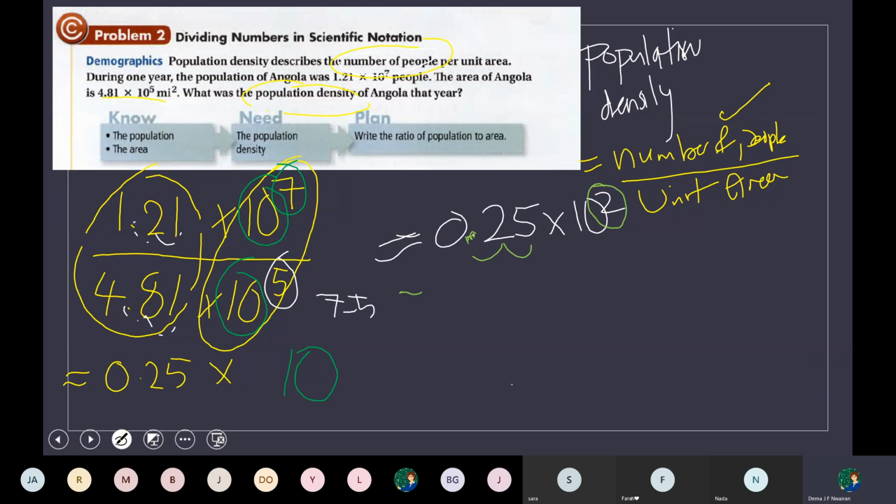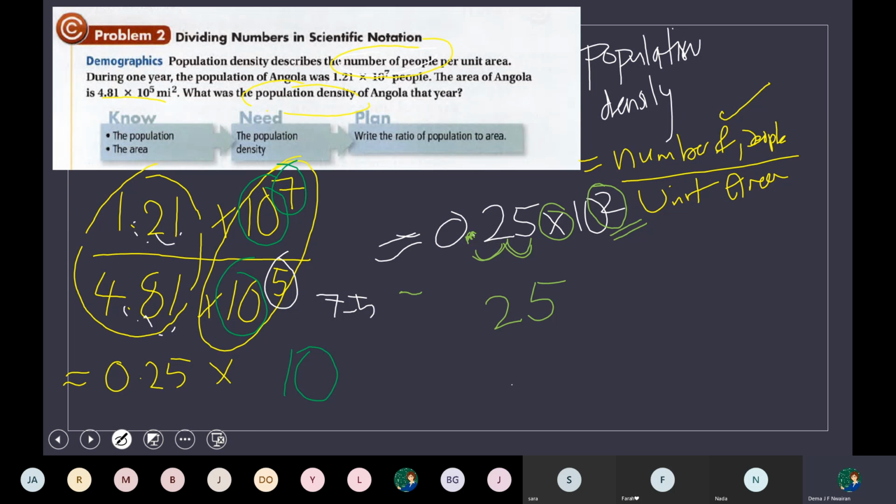Why 2 digits? Because the number that is written here is 2. And since I multiplied, I will change the place of the decimal point 2 places to the right. If I divide, I will move it to the left. So the answer will be 25.